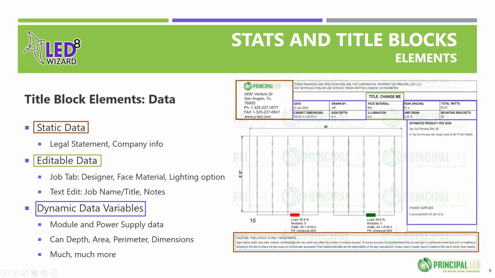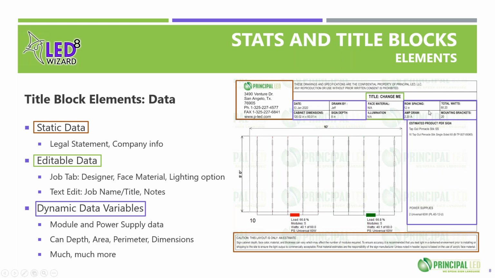And then there are dynamic data variables, and this is really the heart of it. This is most of what you want to have in here, and that's in the blue. We have a date field, we have the designer, depth, dimensions. This is a cabinet template, so we have row spacing, mounting brackets, amp draw, et cetera, and then here the actual LEDs and names and part numbers and how many, and power supplies, same thing.